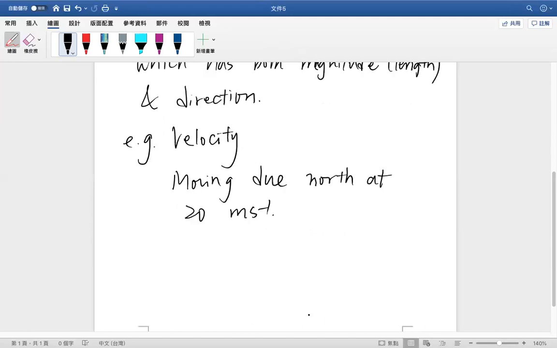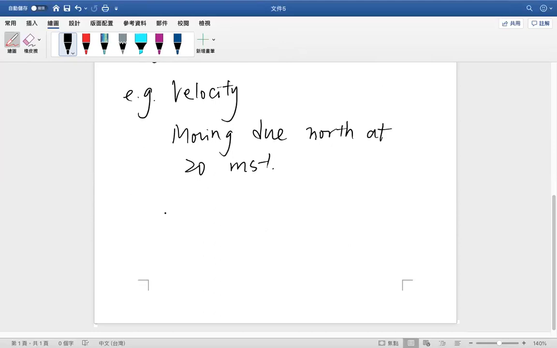Next one is, for example, force. To describe force, you need to consider, for example, a force that is pulling in different directions. Because if your force is pulling from different directions, the motion of the particle could be different, right?